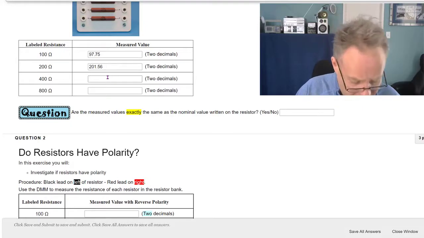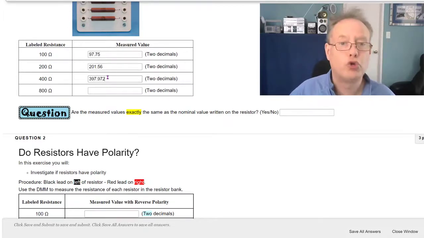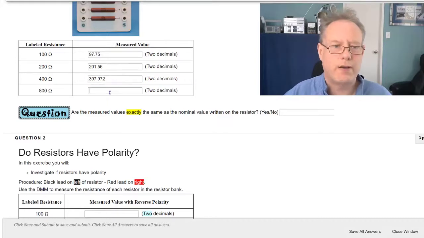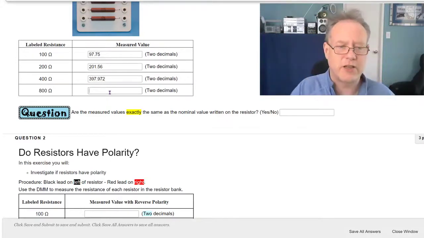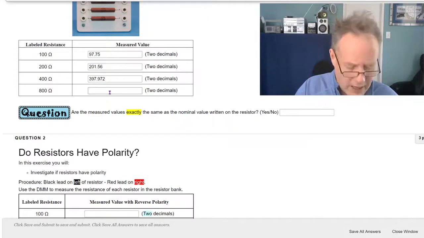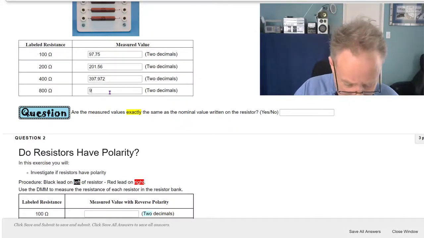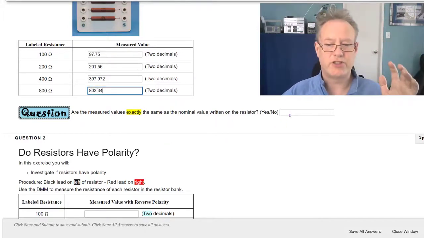So 400, let's say that's 397.962. Okay, that's what the meter said. I don't know, it may not say that. I know you'll get at least 2 decimals. Write all the decimals down that you can get. So this is 802.34, whatever, and then just continue.